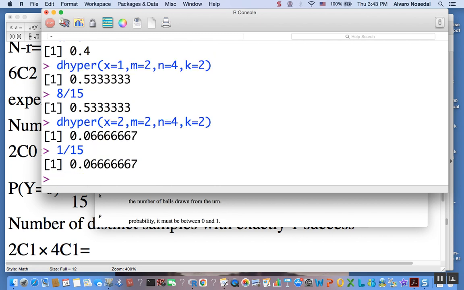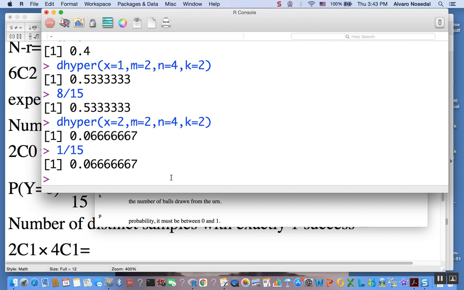Okay? So anyway, just keep in mind that these parameters represent something slightly different. So m, we didn't use m in our textbook or for our presentation. We used r instead. But just keep track of those parameters and it's straightforward.